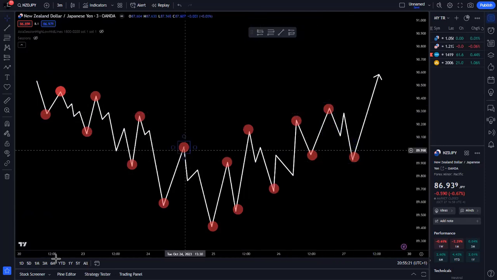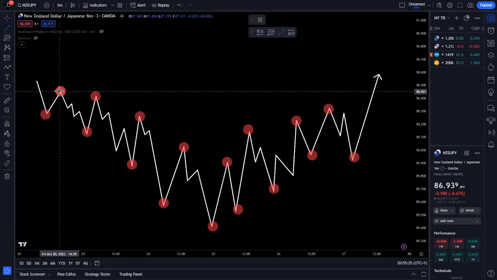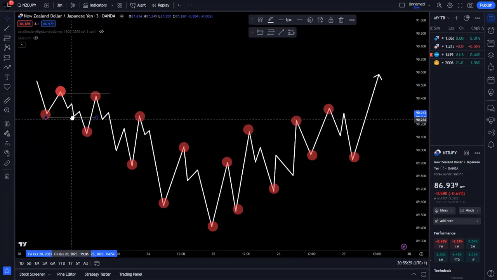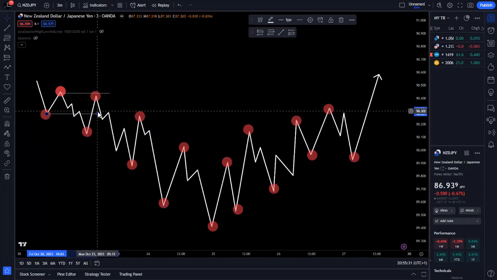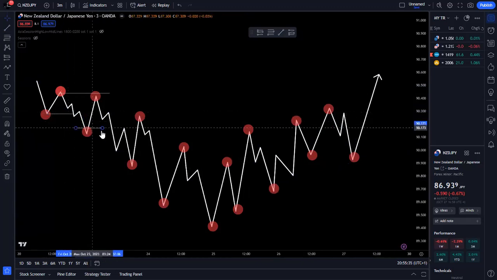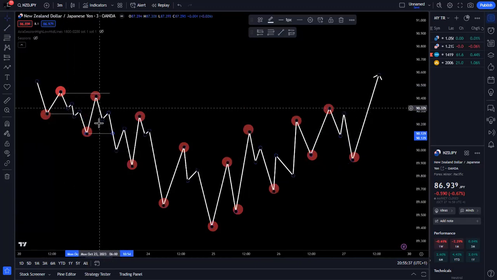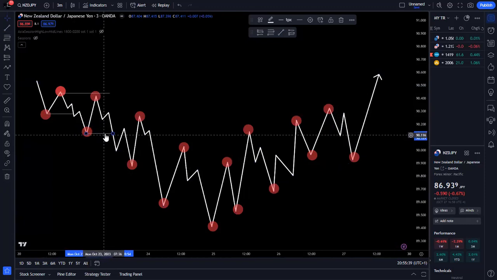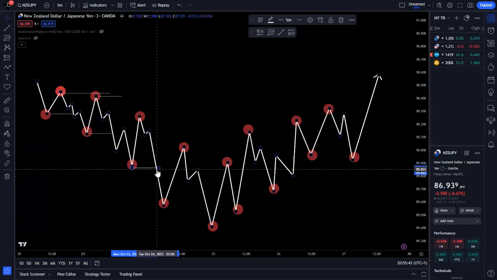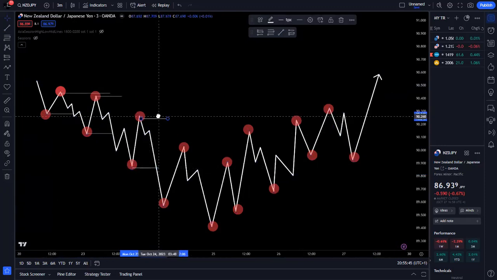Now, right here, we have a number of highs, swing highs and swing lows. This is a swing low. This one here is a swing high. Swing low here. Swing high.